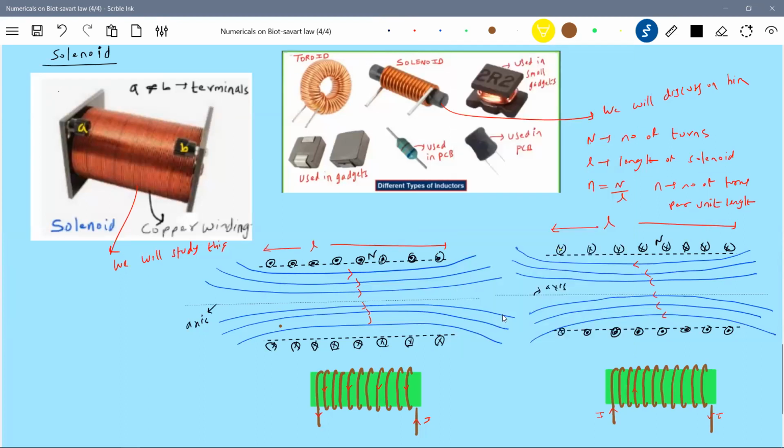Now start thinking how you can find out the field inside the solenoid. Any method? I'll just highlight this.